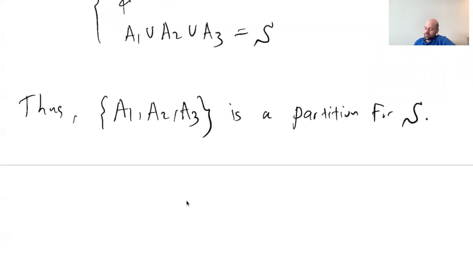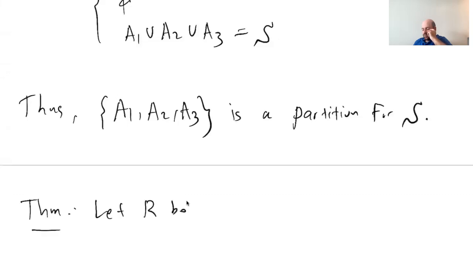Okay, now why am I mentioning this concept? Because when we have an equivalence relation and therefore equivalence classes, the set of all equivalence classes will be a partition for our set A. So let me mention this as a theorem.